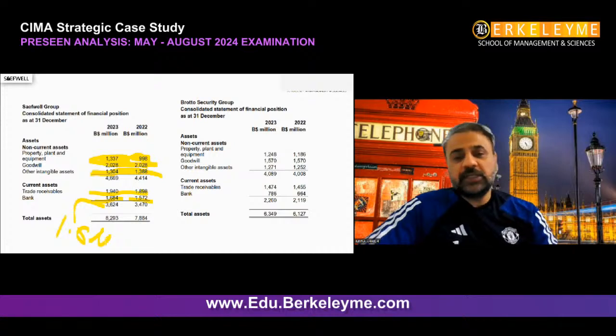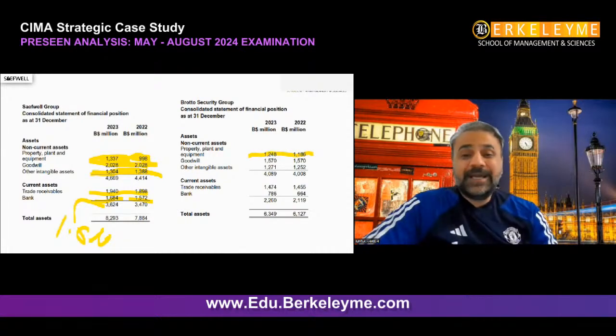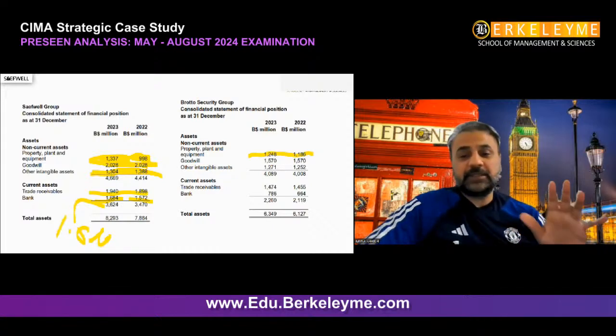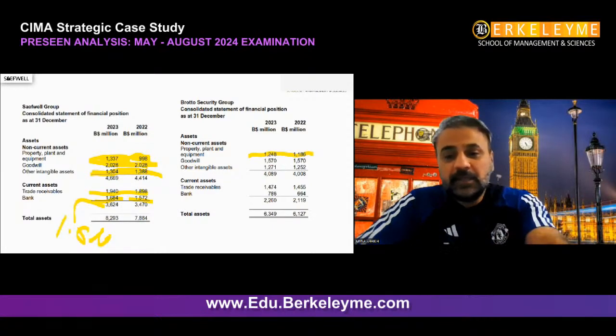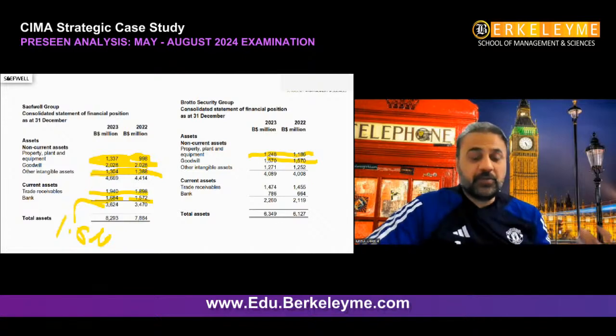Moving forward, on the other side, if you see, same trend: property, plant and equipment has increased. And you can see that it's the same as your competitor. The competitor is also doing almost the same. The goodwill of the competitor doesn't change, so it means the market is not going into some kind of shock or recession.